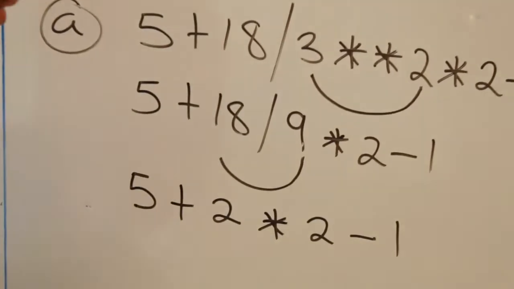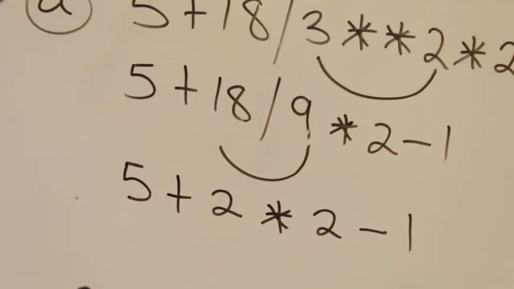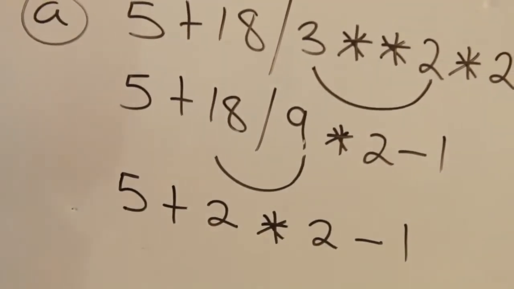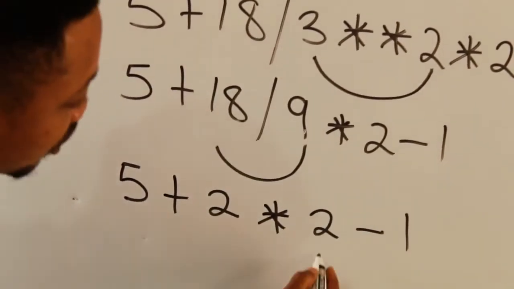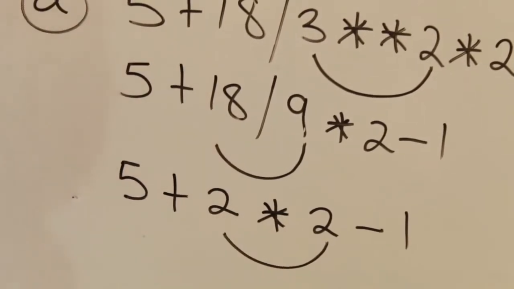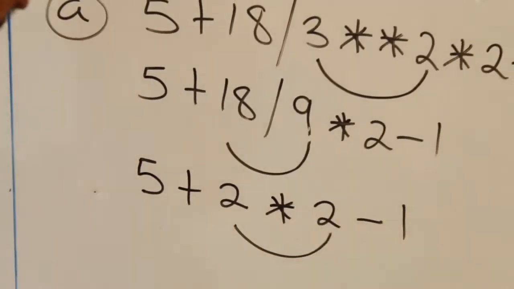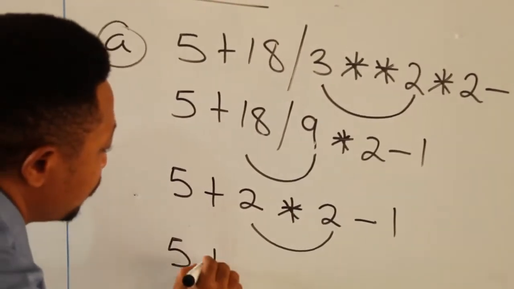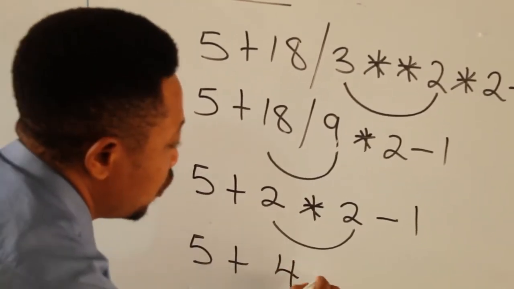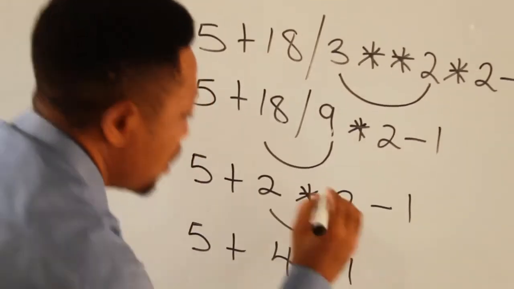Are you following the steps? The next on the hierarchy level is multiplication. That will give us 2 times 2, which is 4. So this is 5 plus 4 minus 1.